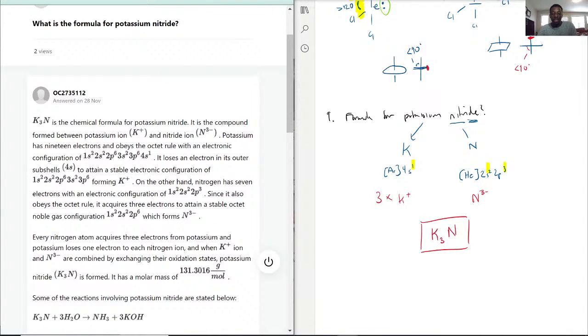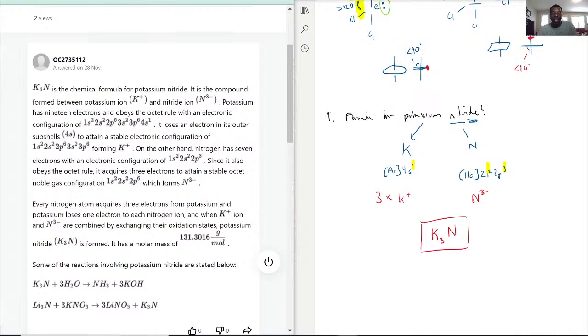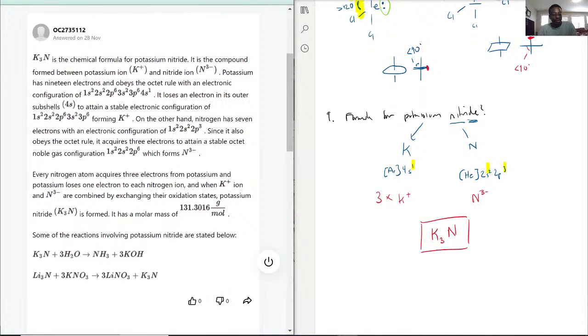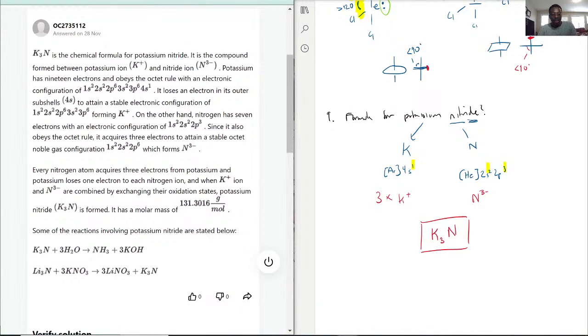Oh wow, it actually does even go through the electron configuration. I thought I was the only one doing it. I'm glad it answered the question like that, because I personally love emphasizing the electron configuration. On the other hand, nitrogen, yep, 2s2 2p3 shows that it has 5, and because it'd be easier to just add 3 more to become the octet, that's what it does.